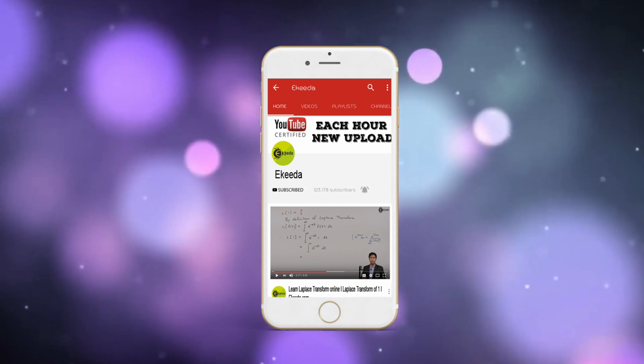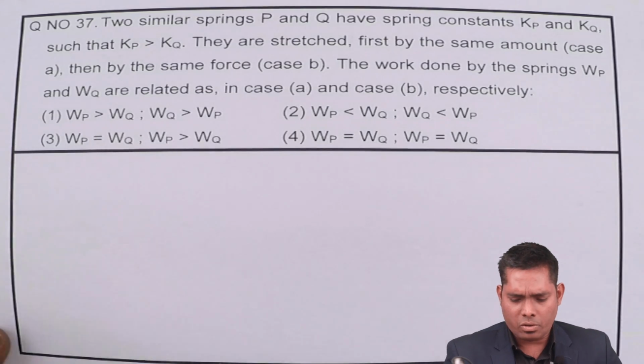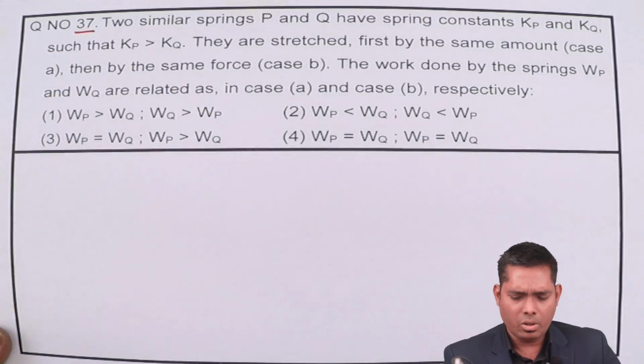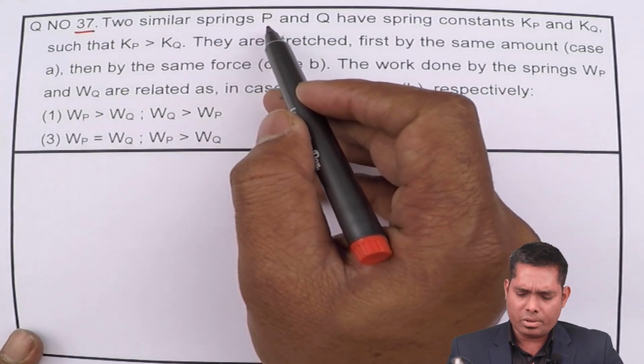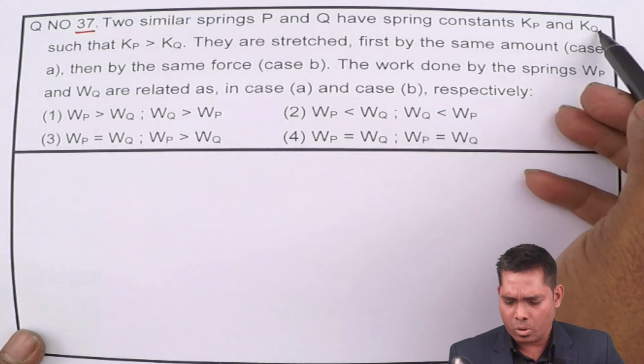Students, in this video, we will discuss question number 37, NEET Physics paper 2015. Let us solve question number 37. Two similar springs, P and Q, have spring constants Kp and Kq.